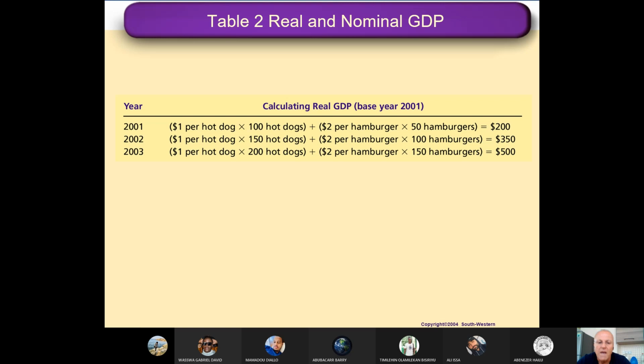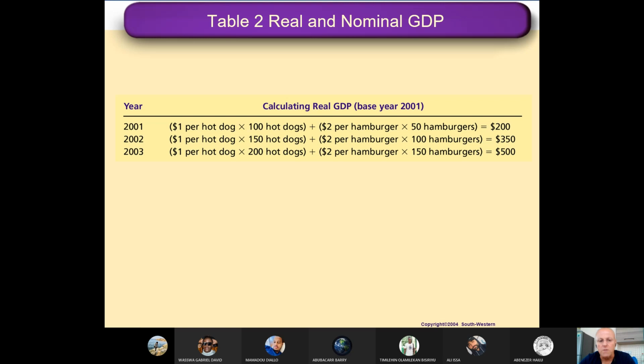The $1 per hot dog in 2001 is not changing. You multiply it with 100 hot dogs and add the $2 per hamburger with the 50 hamburgers, which gives you $200 for 2001, which is not changing because we take 2001 as the base year.